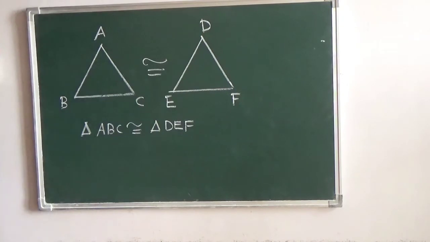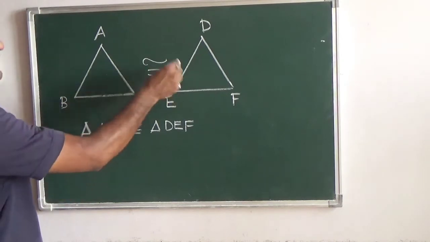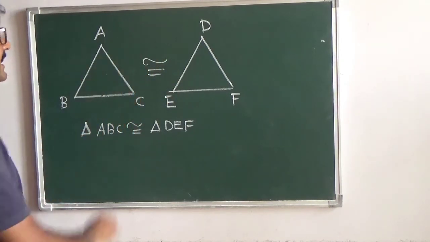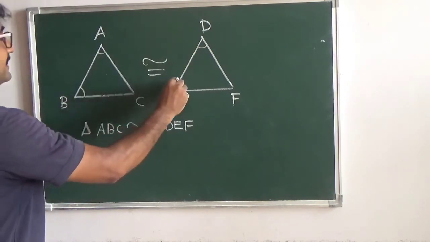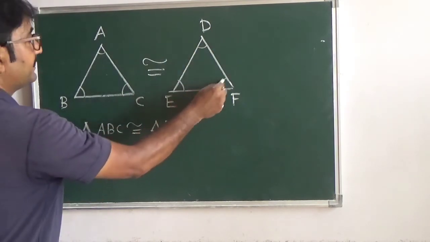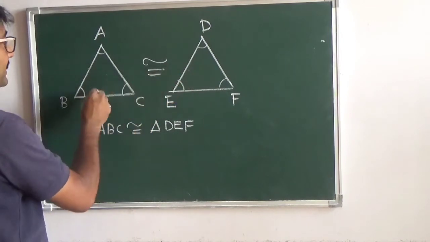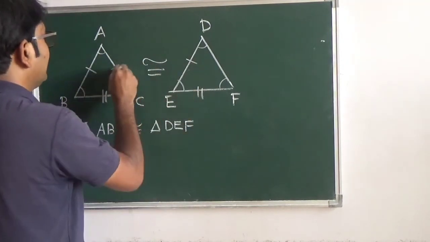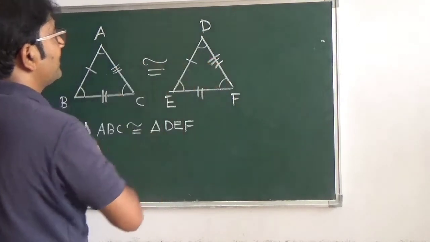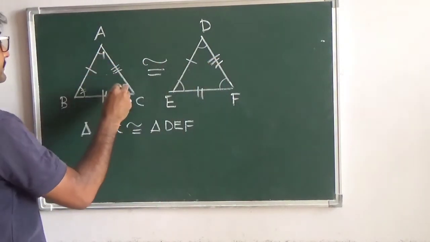One thing to note, the sequence of the vertices is important. Suppose this angle and this angle are equal, this angle and this angle are equal, and this side equals this side, BC corresponds to this, AC corresponds to this.